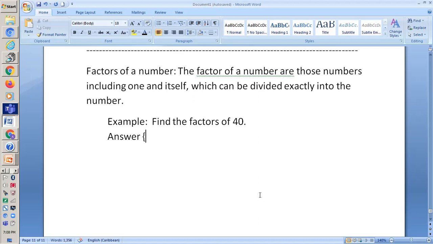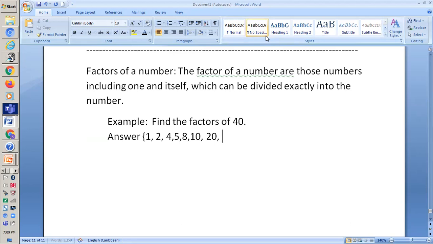All right, anybody want to give it a try? What are the factors of 40? 1, 2, 4, 5, 8, 10, 20.